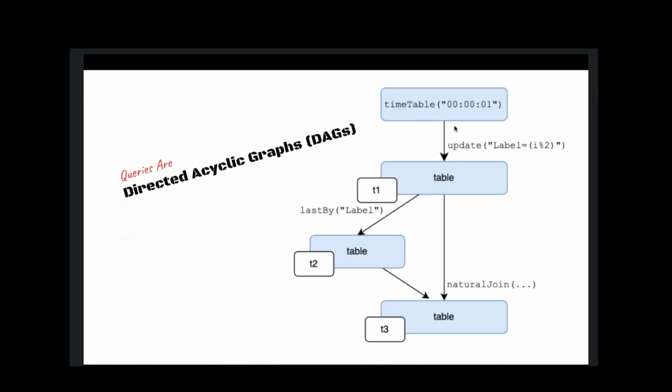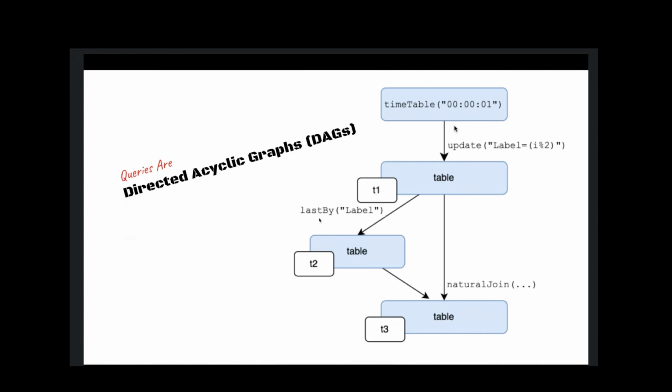So the first thing we'll look at are the queries. A Deephaven query is structured as a directed acyclic graph. If we look at this image on the right, let's say you call the timetable function to create a table. That makes a table. Then let's say we use update to add a new column named label. That will create a new table, which we'll call T1 here.